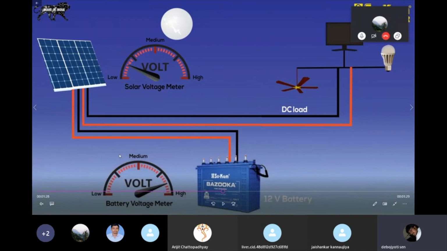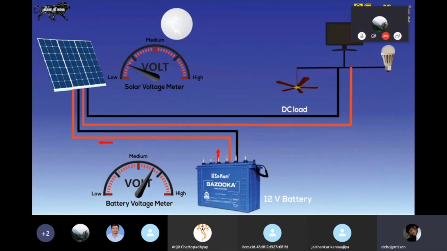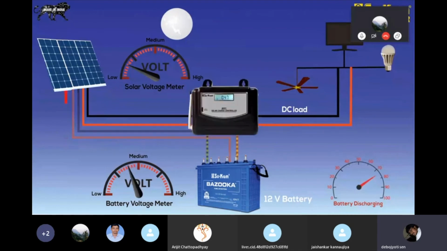Moonlight just doesn't generate electricity. So the voltage is not exactly zero, but more or less equivalent to zero. But the battery voltage is high, and we know that current flows from a high potential to a low potential. So obviously the battery will feed voltage to your panel, and battery discharging will start.